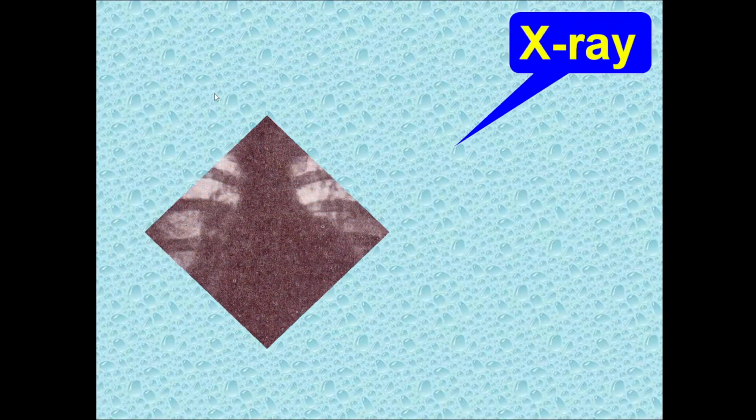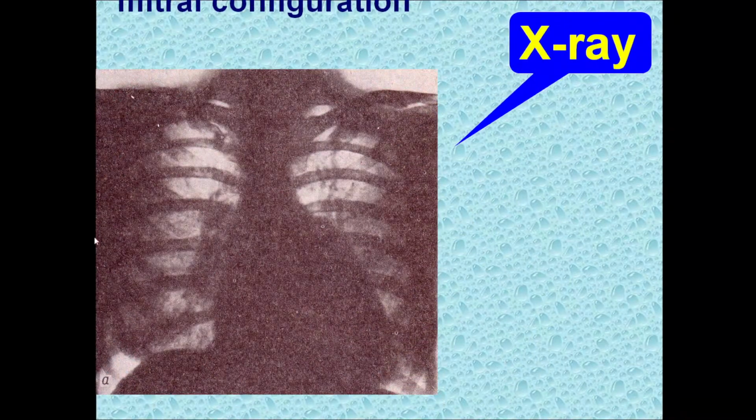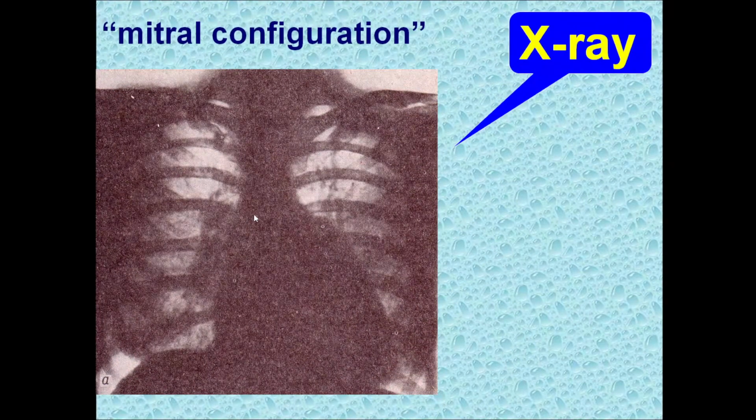X-ray examination reveals mitral heart configuration, but it's more intensively displaced to the left because of hypertrophy of the left ventricle, left atrium, and slightly the right ventricle, a ball-like configuration of the heart.